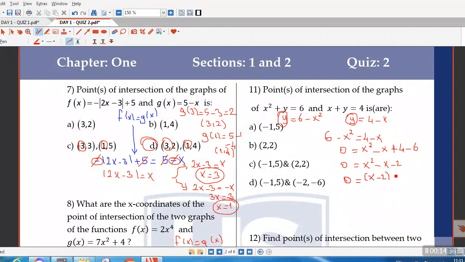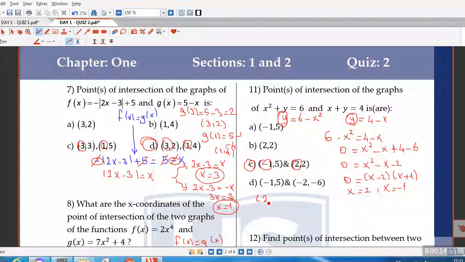So x minus 2 times x plus 1 will be the factors. So the first solution is 2. The other solution is negative 1. I can say the answer is C, but what is the best way?